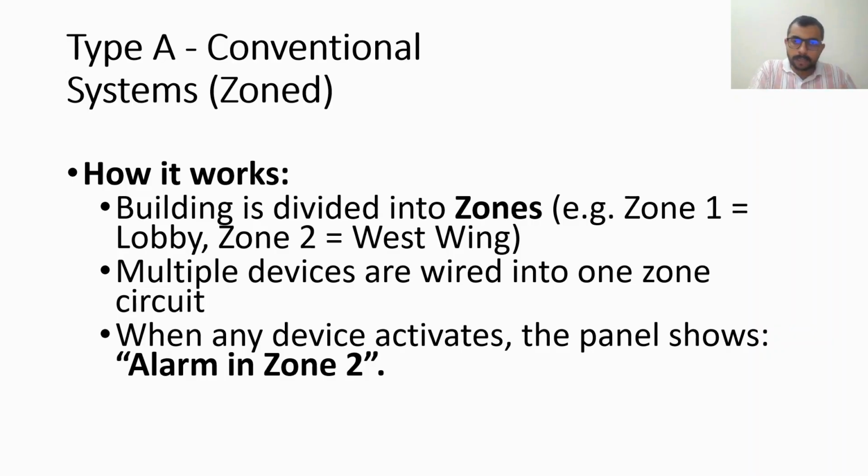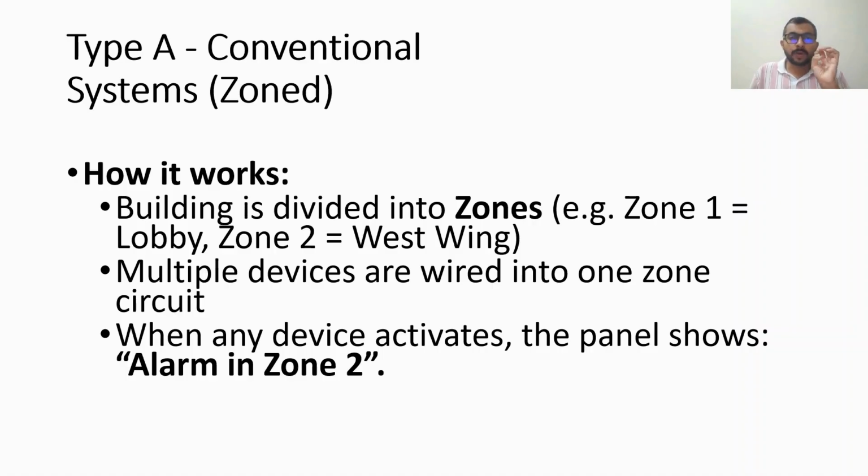Suppose there's another area named the west wing. Whatever devices are in the west wing are connected to the zone 2 circuit. In one zone, multiple devices will be there.